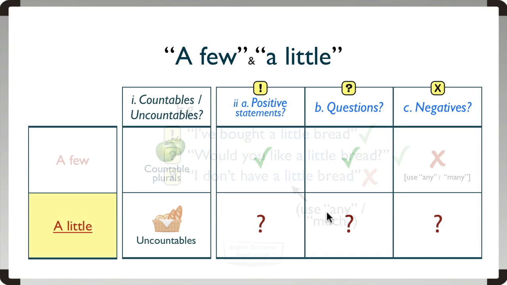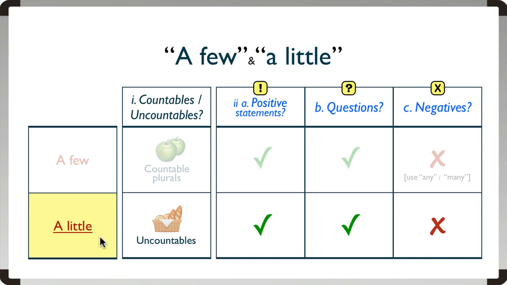So let's now finalize our table. A little with positive statements is fine. It's also fine in questions, but it doesn't work in negatives. Instead, we should use any or much. So, one final summary. We use a few with countable plurals, a few apples, and we use a little with uncountables, so a little bread.